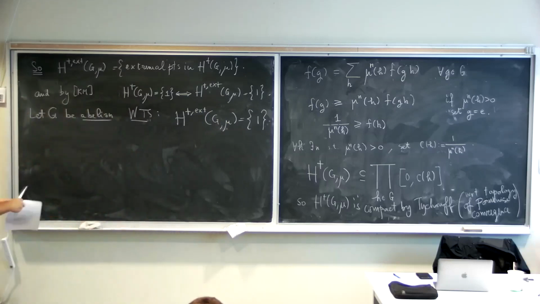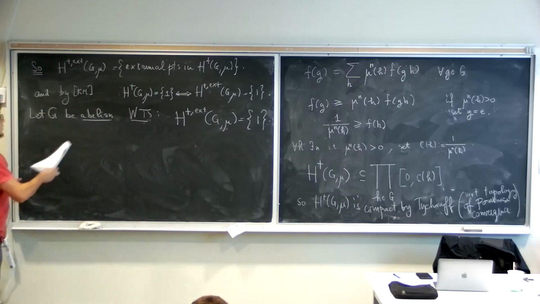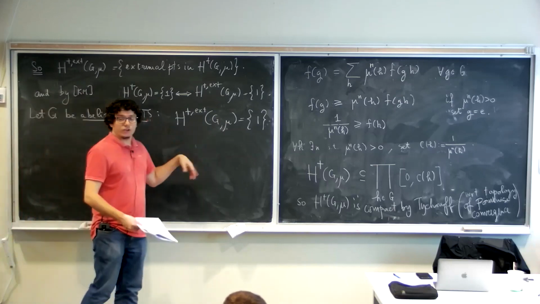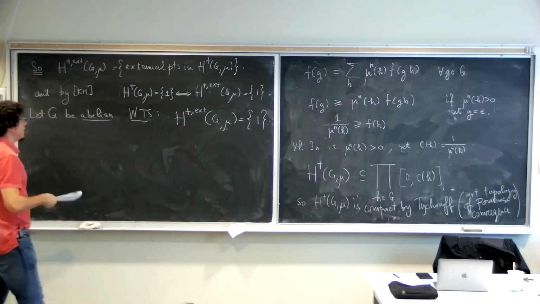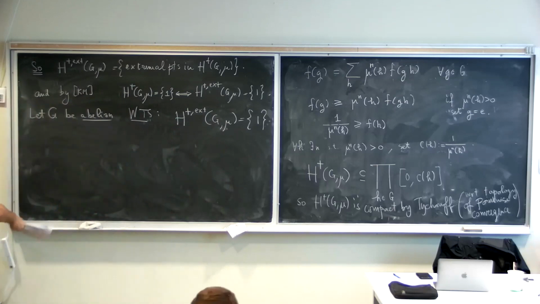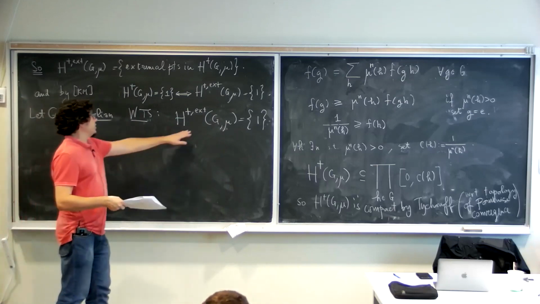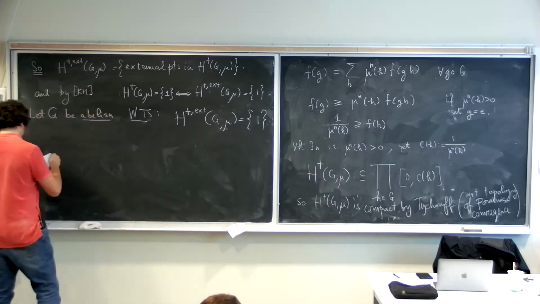And the trick is to construct other functions from one function, that contradict this extremality property, basically.